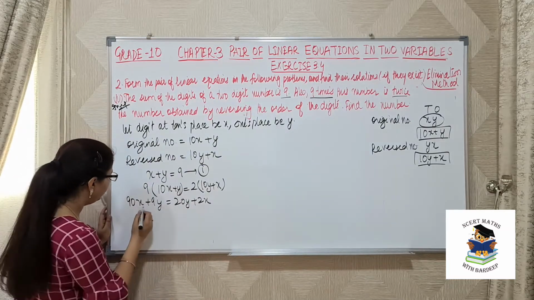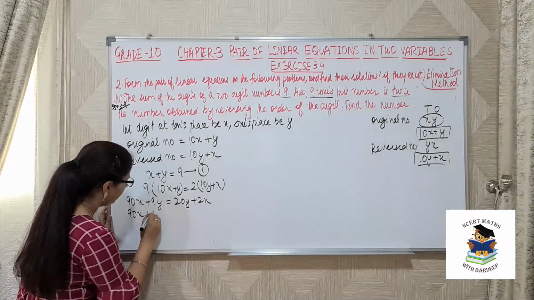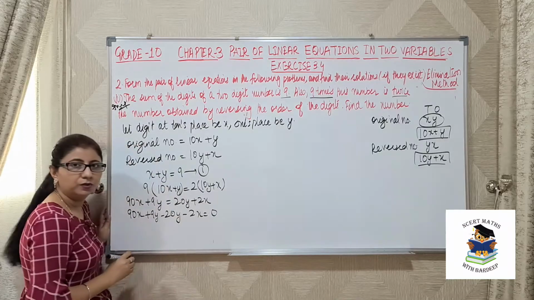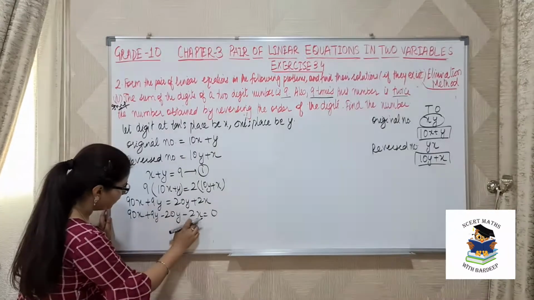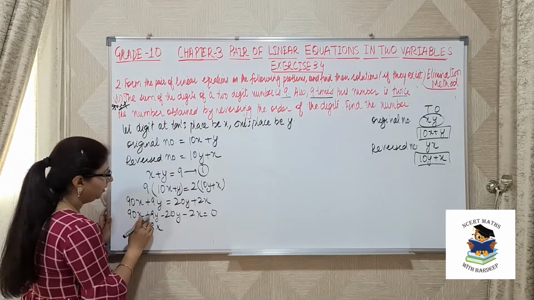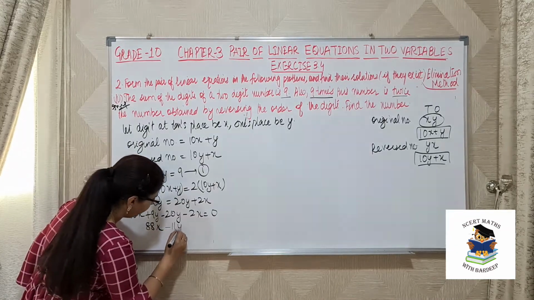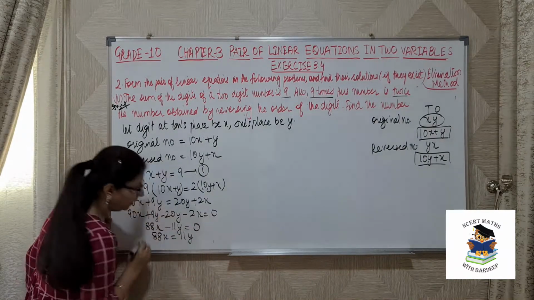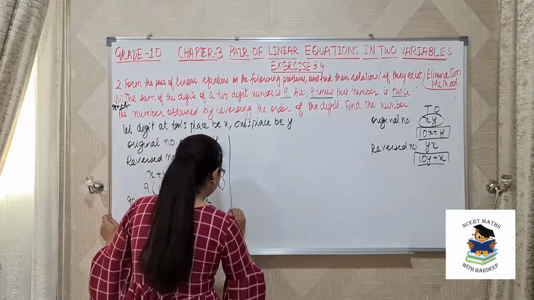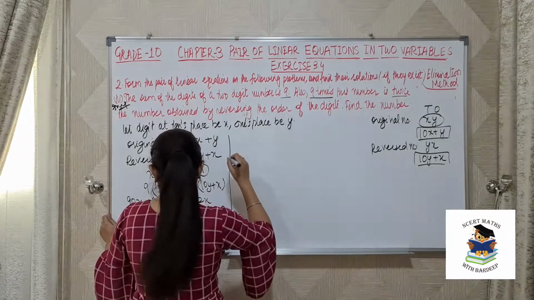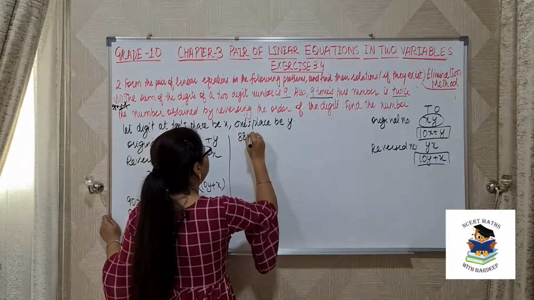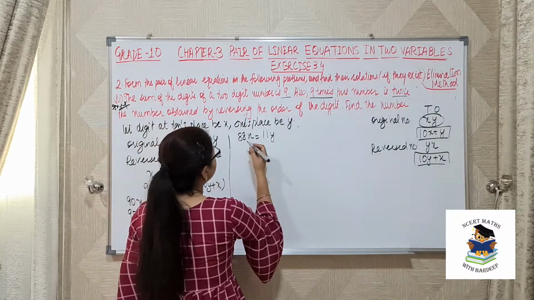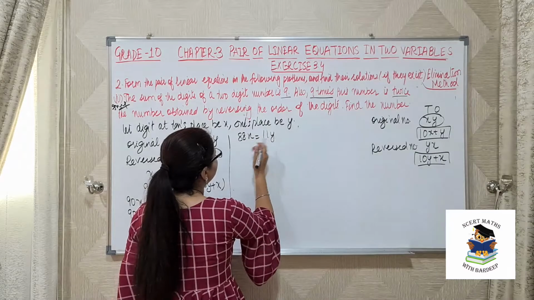Shift x and y to one side. So 90x plus 9y minus 20y minus 2x equals 0. So now 90x minus 2x is 88x, plus 9 minus 20 is minus 11y, equals 0. So 88x equals 11y. Now 11 is common.